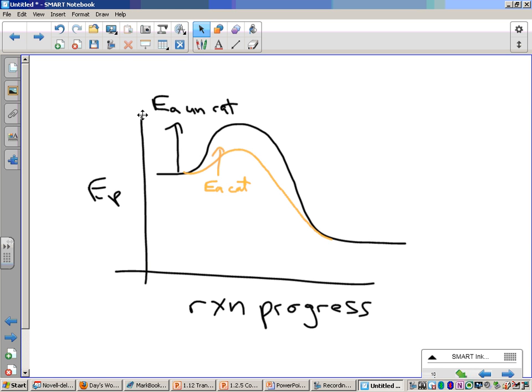It simply lowers the activation energy. If you want to apply that to your enzyme biology, blah, blah, blah, right? It holds it in an orientation such that it either makes the bonds weaker, so less of a collision is needed, or it holds it in a good orientation so that you've got more collisions resulting in successful reactions. It simply lowers the energy needed.